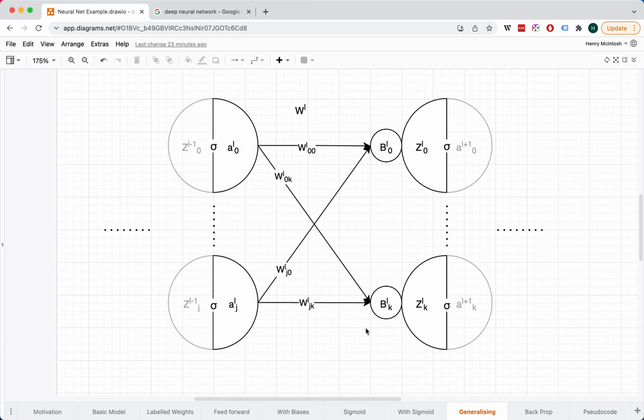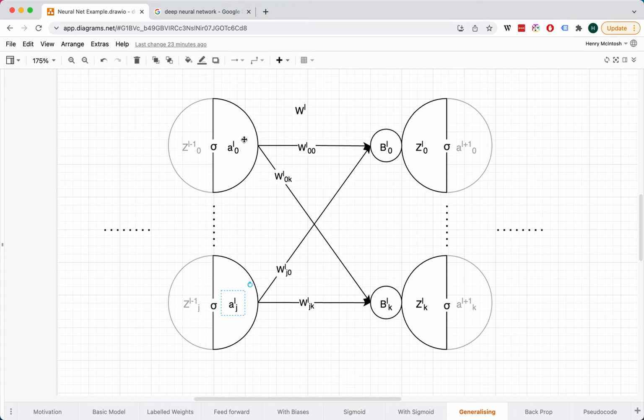So in some people's minds, it makes sense to segment the layers there. But again, for programming, I find this easier to reason about. So that's one of the trade-offs of representing it this way, that we just have to bear in mind that this vector A and this vector Z and B don't have the same length, despite being in the same layer.